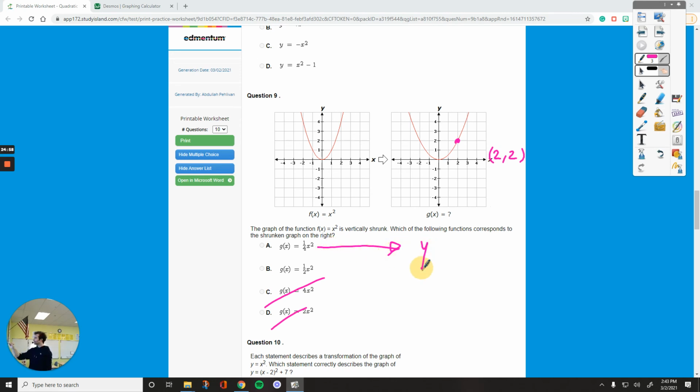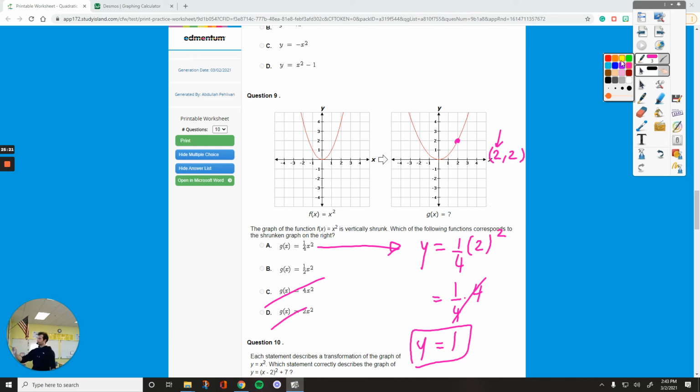So this is the right one, I can see it, so I want to choose that one and then plug it in. Y equals 1/4 times x, that's my x value that I will substitute, squared. So 1/4 times 2 squared is 4. You can simplify those two. The y value is going to be 1. Oh, that's not the answer then. Okay. I don't know why I thought that was the answer. Let's do the same with this.